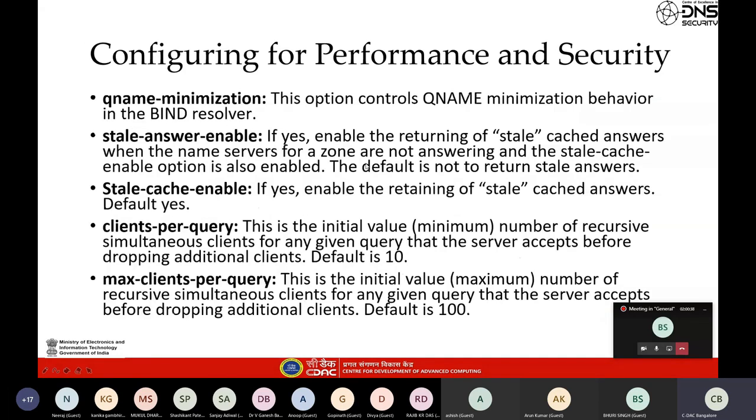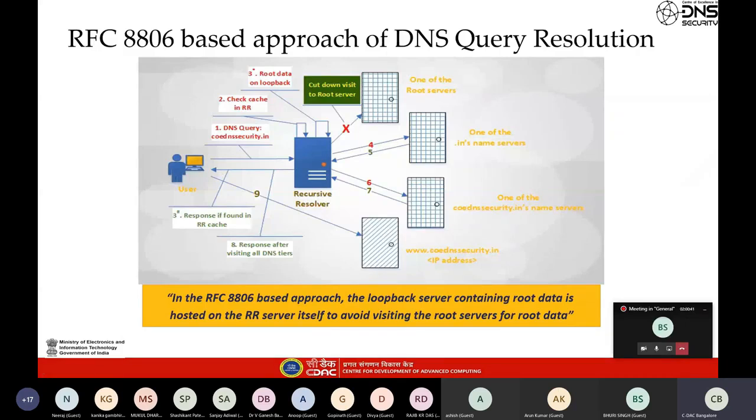So if we look at this diagram, if the RR is not able to find the domain name resolution in its local cache in step 2, it looks for the root data at its loopback address.